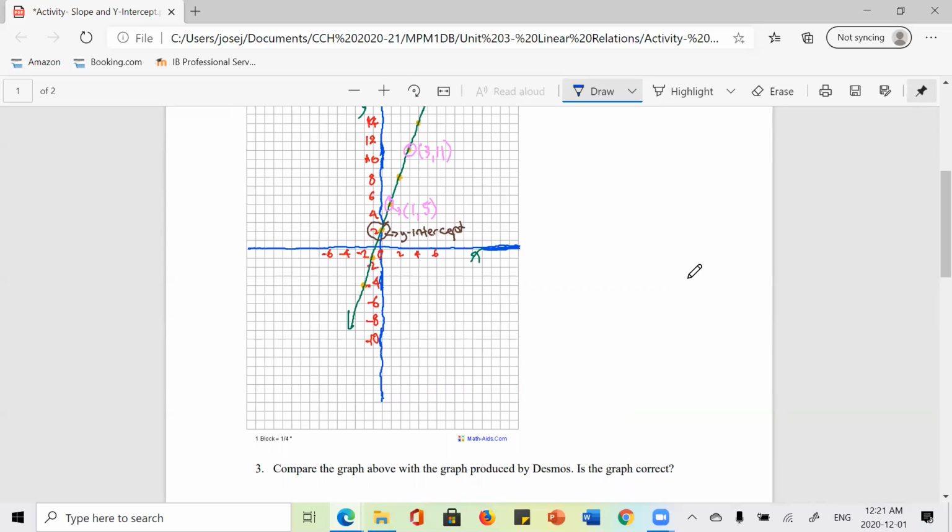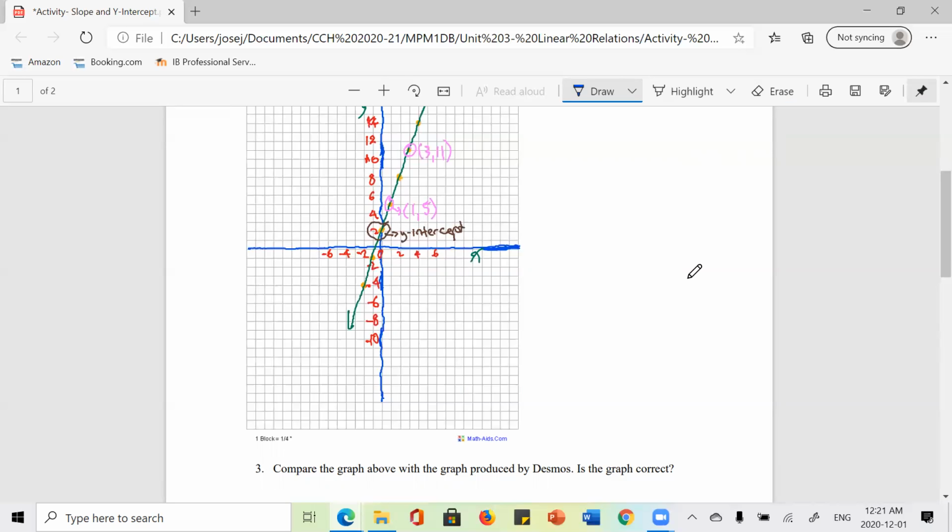So in real life, when would you actually be looking at this? Well, this is one of the homework questions. If you look on page 157, number 8, there's a graph that tells you the cost of renting a hall. And we can see that the cost of renting a hall is based on the number of people. The more people in the hall, the more you pay. That makes sense, right?